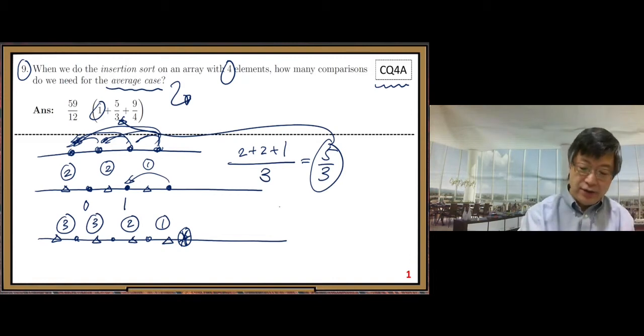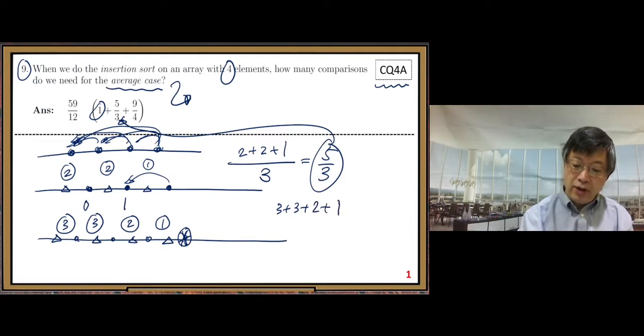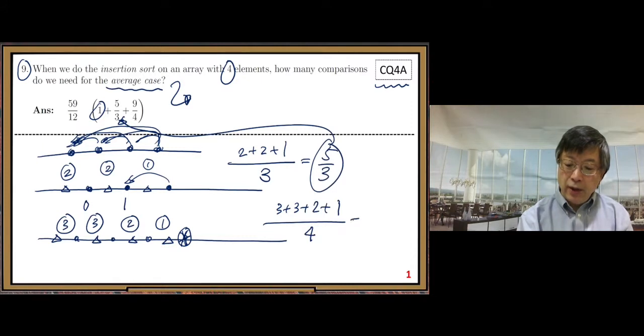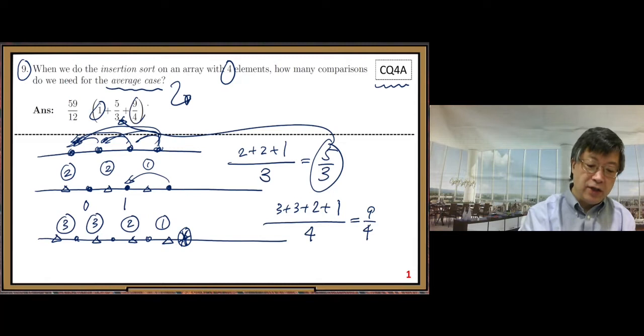That's easy to do the calculation. 3 plus 3 plus 2 plus 1, total 4 cases, right? 9/4. Okay. So that's the last term, 9/4.